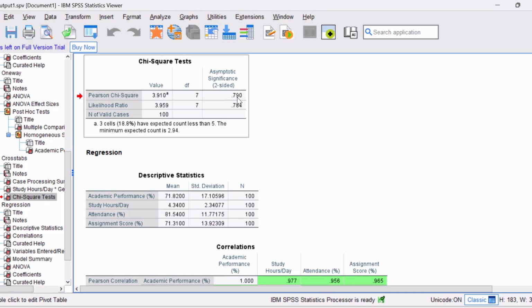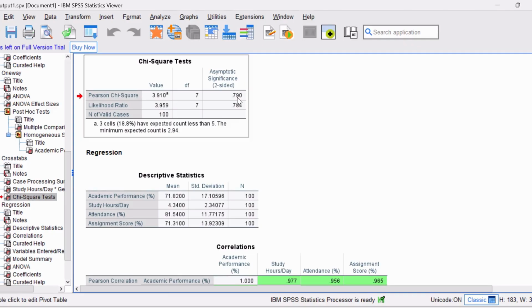As for simple regression, we saw that the study hours significantly predict academic performance. As for the multiple regression, we saw the study hours, attendance, and assignment scores and how they jointly predict academic performance. As for the ANOVA, we saw no significant difference between the academic performance across years of study. And finally, the chi-square test found no association between gender and study hour categories.